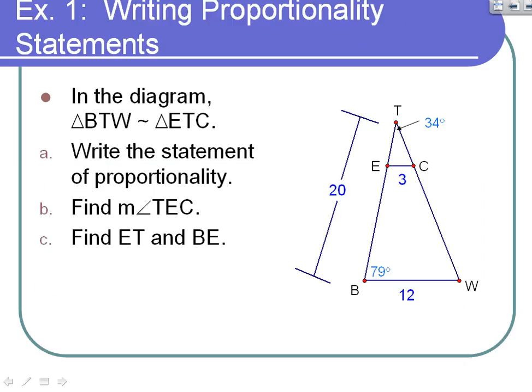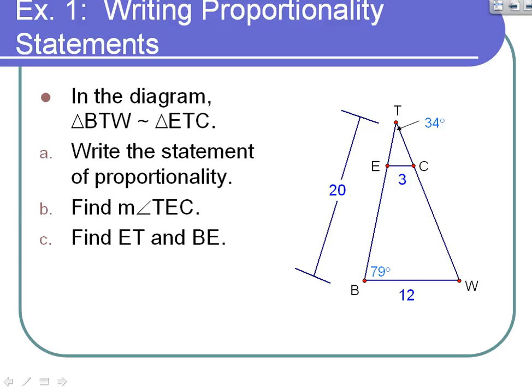the first thing is, if we're told in this case that the big triangle, BTW, is similar to the little triangle, ETC, then we want to write up a proportionality statement.